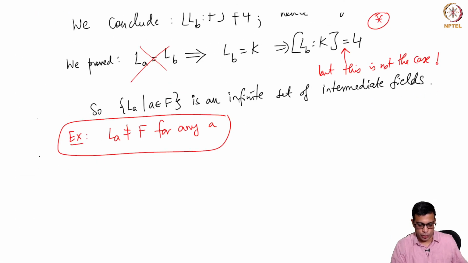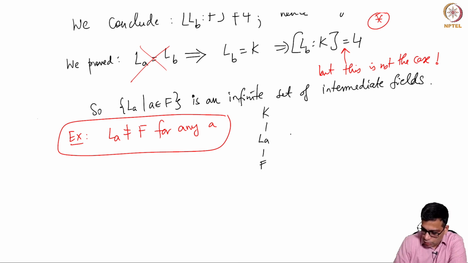Similar arguments will give you this, but I claim that this is not relevant. At most you can have one L_A equal to F, but because they are all distinct, the other things must be proper intermediate fields. So even though this degree is 4, there are infinitely many intermediate fields.